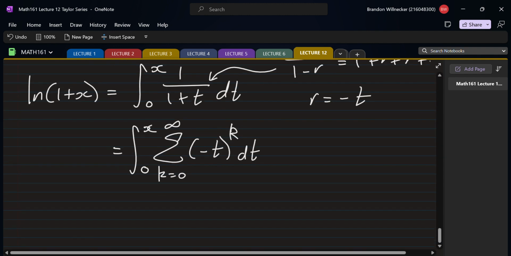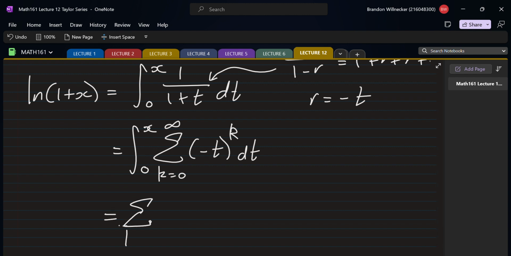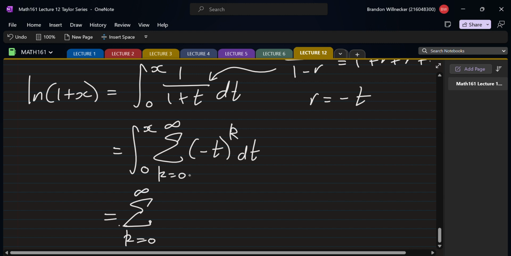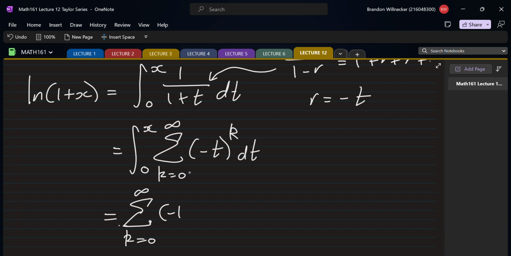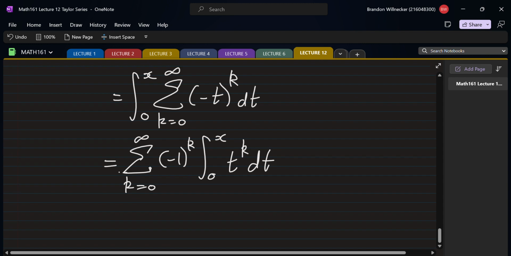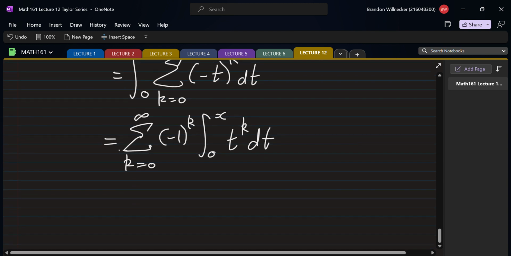dt. Now I'm going to swap the integral and the summation. So we have the sum from k equals 0 to infinity of minus 1 to the k, which I can factor out, times the integral from 0 to x of t to the k dt. But now this integral is very easy to do.